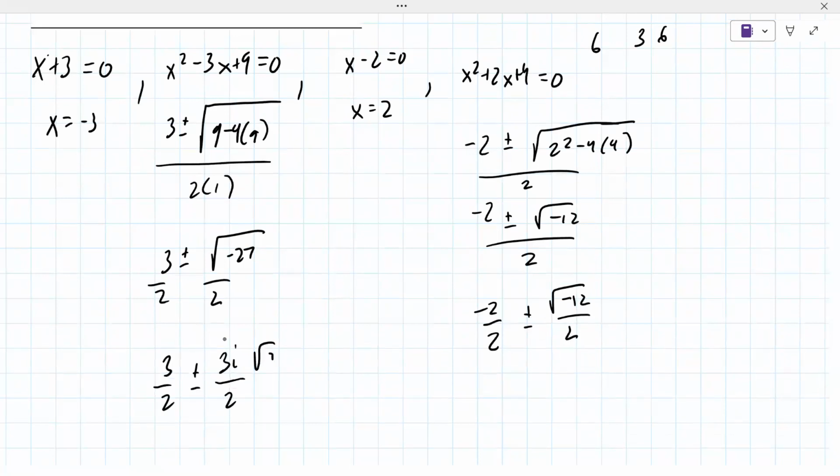3i over 2 square root of 3. 2 root 3. So it becomes i squared 3.